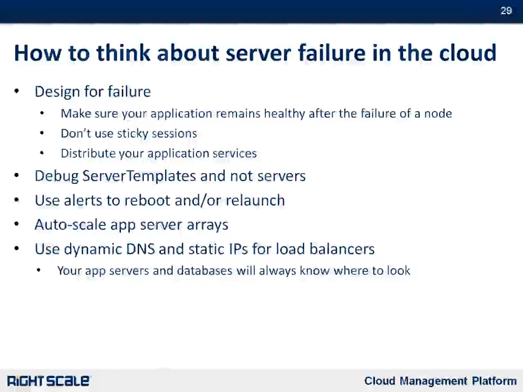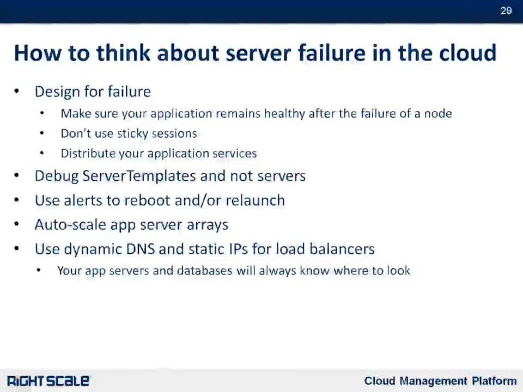Now, use alerts to reboot and to relaunch so that you can respond fast to failures. And autoscaling is one of the great things about the cloud. You always know that there is a server available for you, so it doesn't matter how big the load is, or how big the change is from what you were seeing yesterday to what you're seeing today. You can always respond quickly to that behavior.